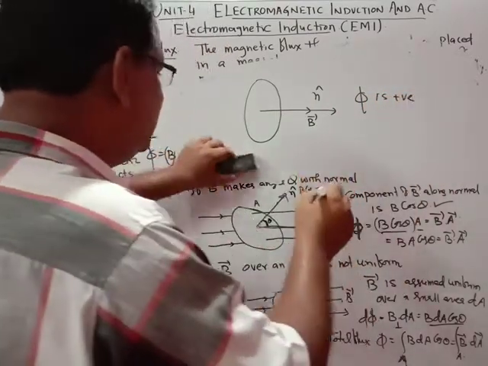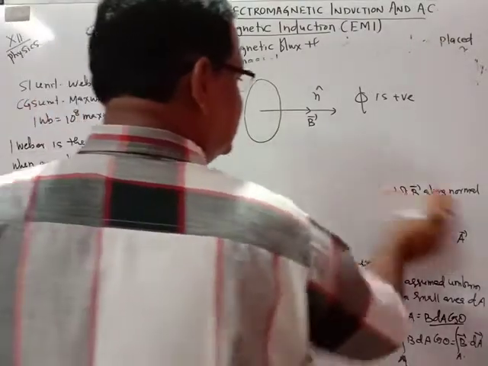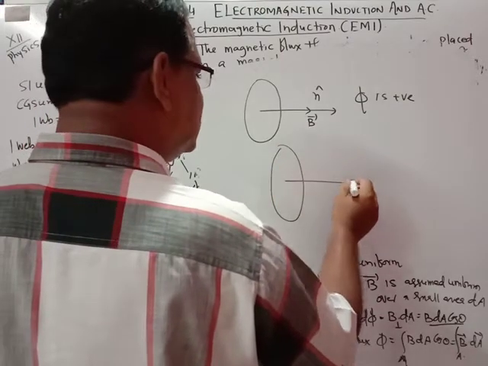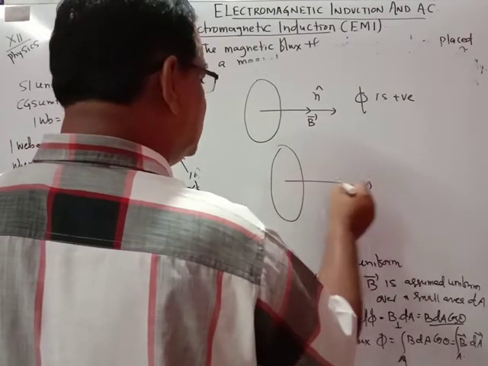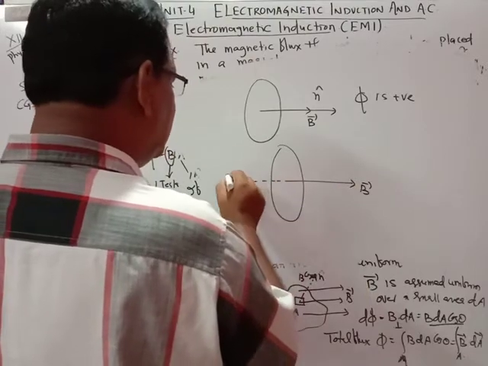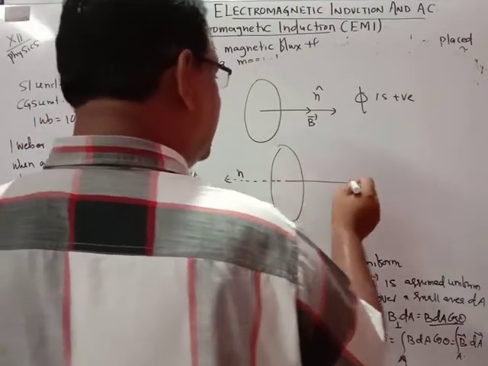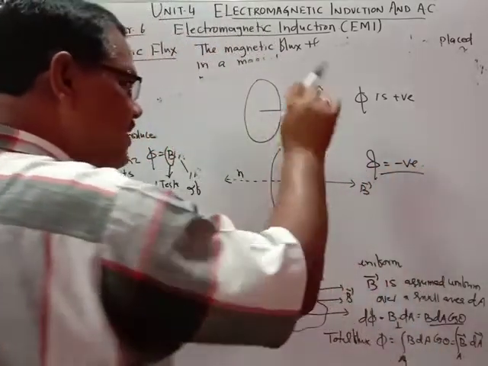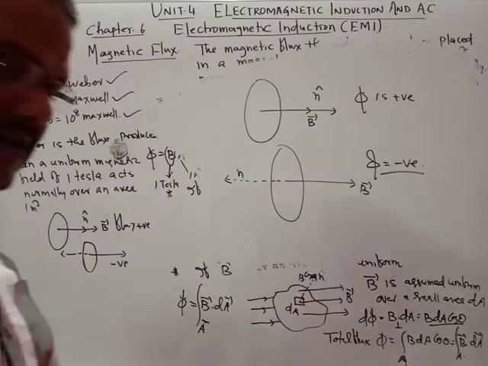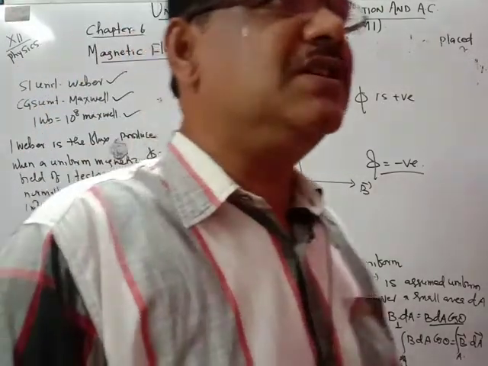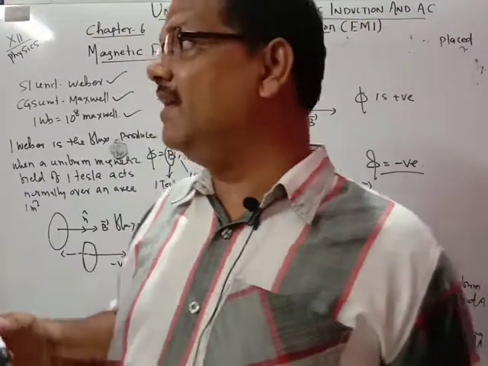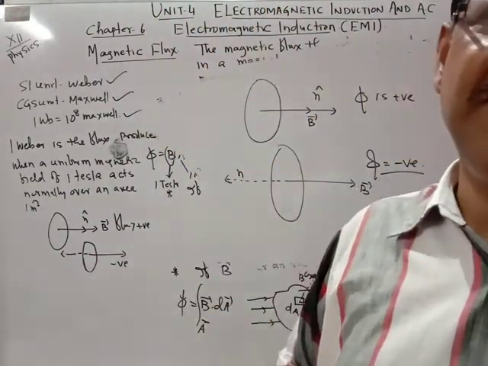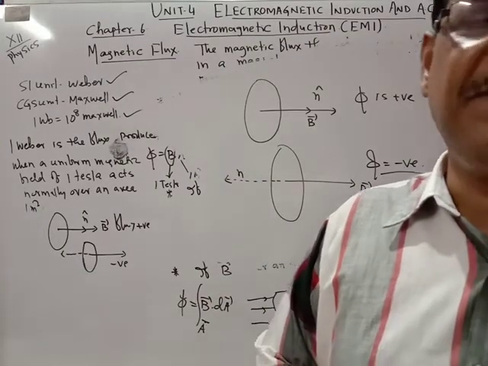If the area vector is along this direction, or the magnetic field is along this direction, and the area vector is directed along this way, normal, then in this case we tell that the flux is negative. So the fluxes which are coming out from the surface are to be considered positive, and those which are touching the surface are to be considered negative. In this manner you can decide the magnetic flux, because wherever the magnetic field is there, the magnetic flux is whichever is touching the surface area.